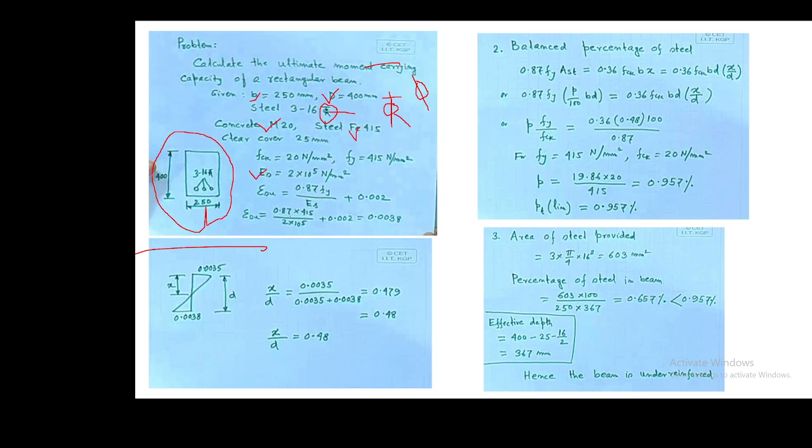The ES, modulus of elasticity of steel, FCK is already given, Fy is also given. So you can calculate the limiting strain, 0.87 Fy by ES plus 0.002, so that becomes 0.0038. I already told that for Fe415, remember it by heart.